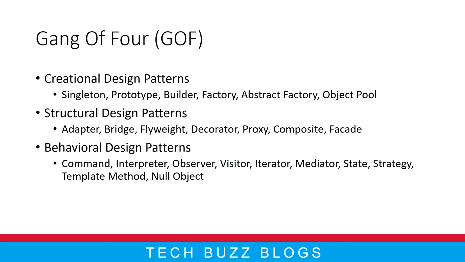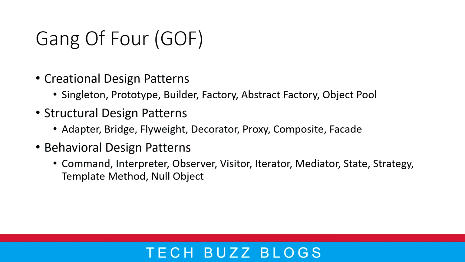Creational is all about object creation, how we are going to create the object. Structural design patterns are all about how one object is using another object. They teach you different ways of using one object from another.